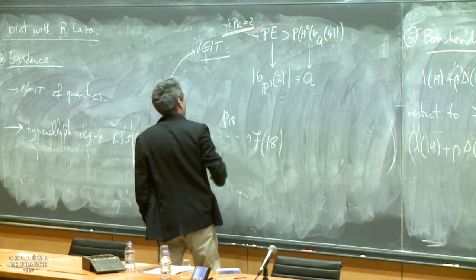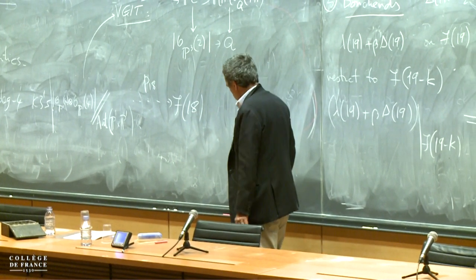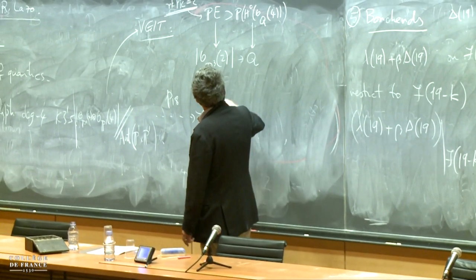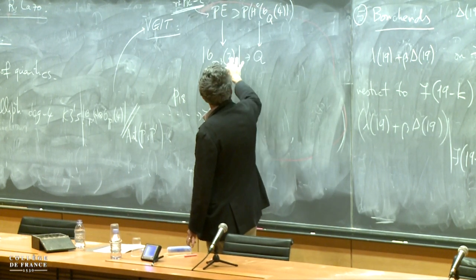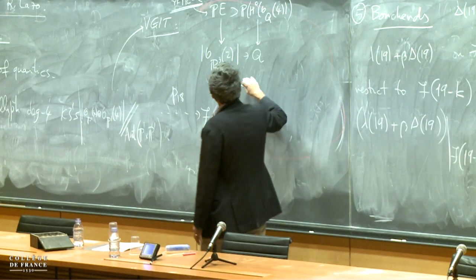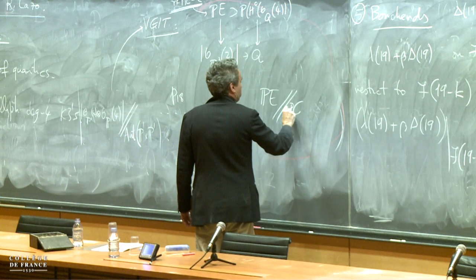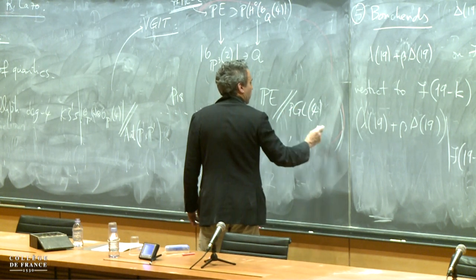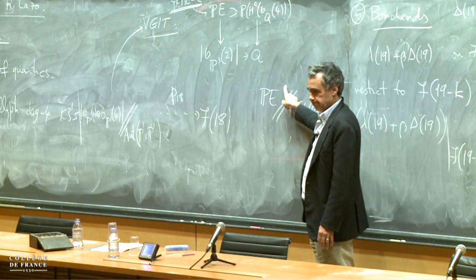Okay? So now when you want to take a GIT quotient, the group will be PGL4. So you want to take P(E) modulo PGL4, but you have to choose the linearization here.